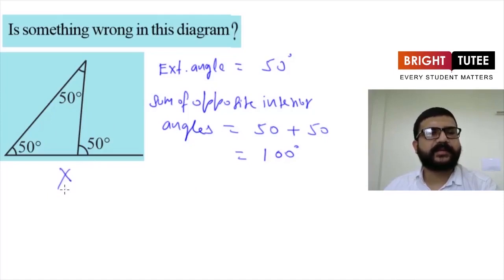And what is wrong here? The thing which is wrong is the exterior angle marked here is not 50 degrees. It should be 100 degrees, or the interior angles should be 25 degrees each.